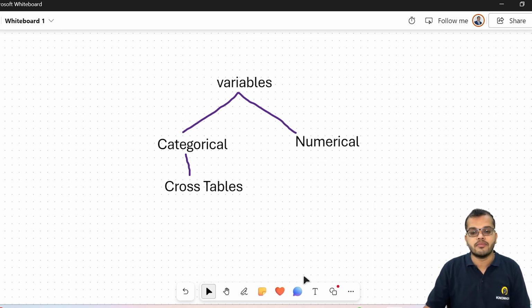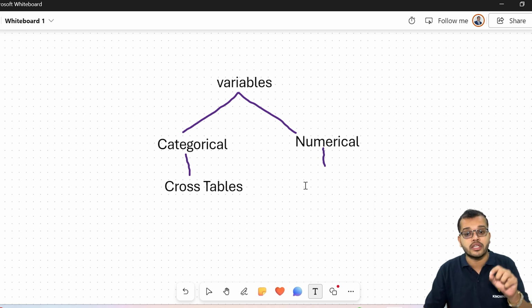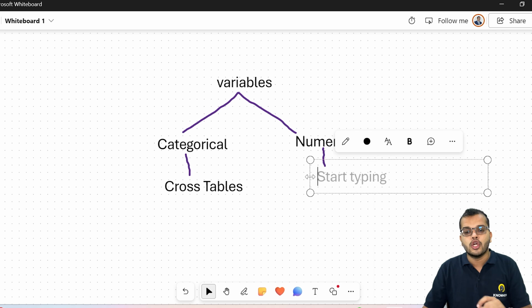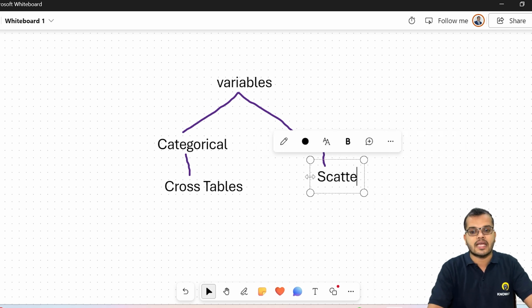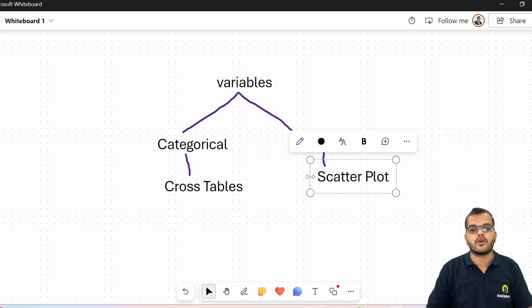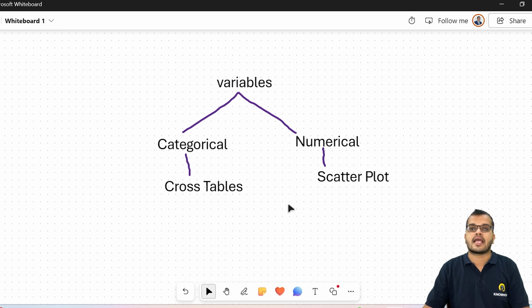Now again, if I go with numerical data, I'm not telling you that this is the only option, but it is preferable and good to consider the scatter plot visual.